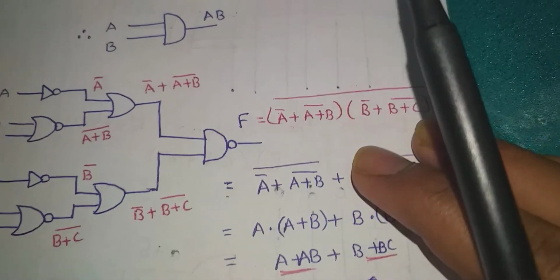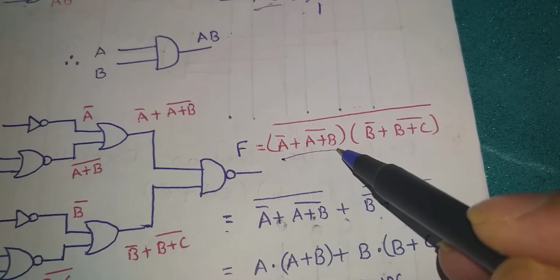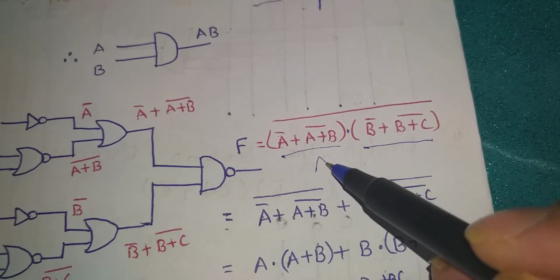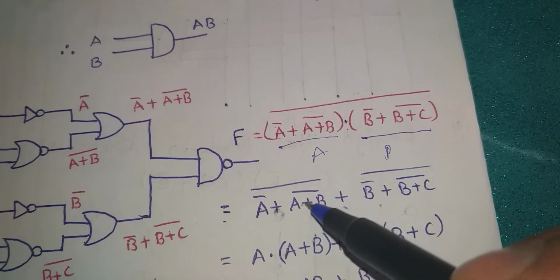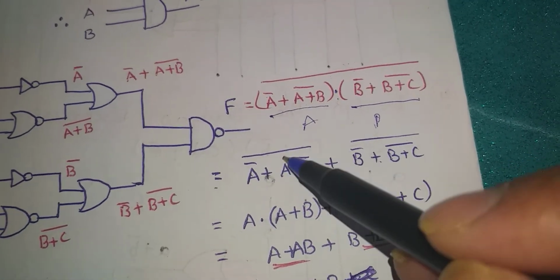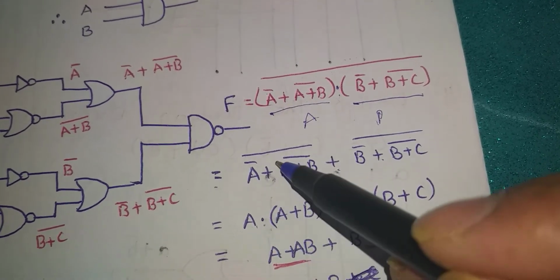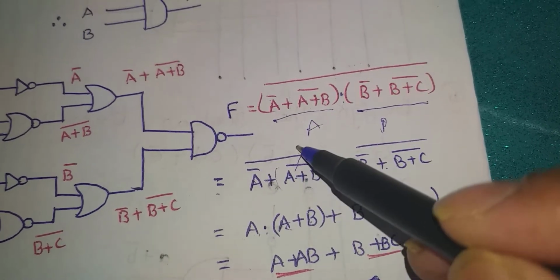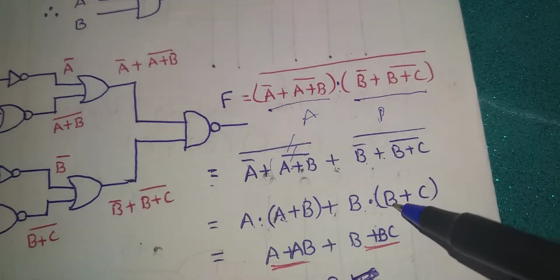To simplify this, we apply De Morgan's theorem. Let us consider this as one input and this as another input. (A into B) whole bar becomes A bar plus B bar. Applying De Morgan's theorem once again, it becomes A dot (A plus B), because the complement gets cancelled and plus becomes dot, and similarly B dot (B plus C).